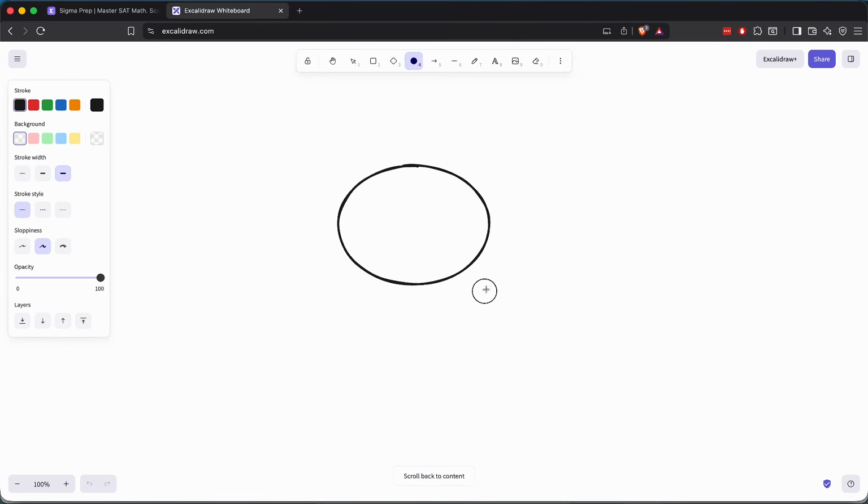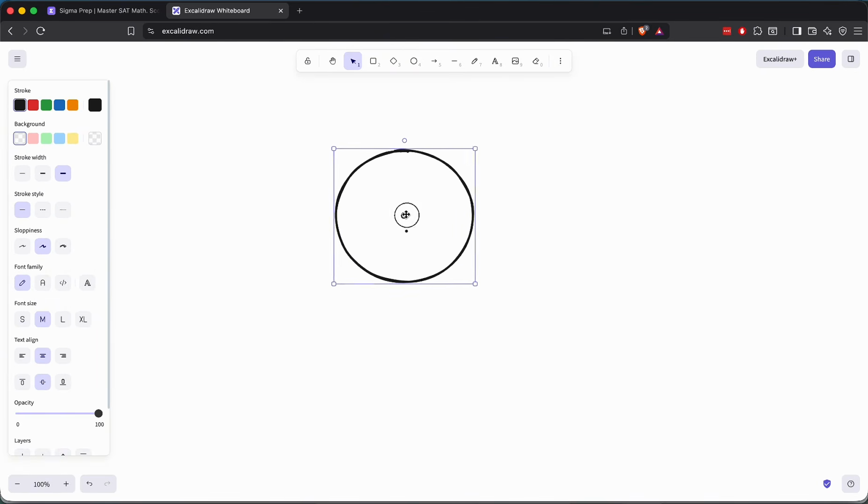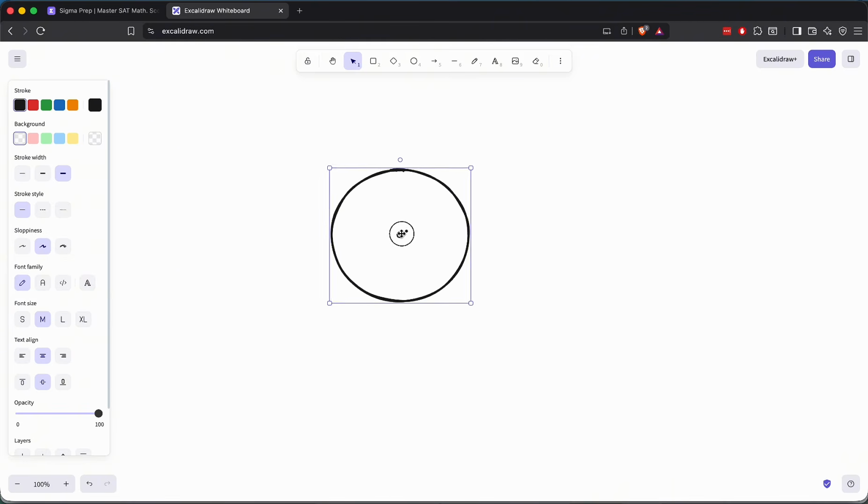So we have a circle. We can put in our center. They said the center was O, so I'll label that here, center O. Let me move this a bit. There we go.